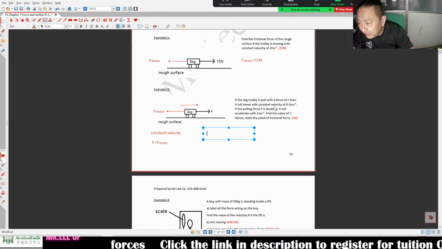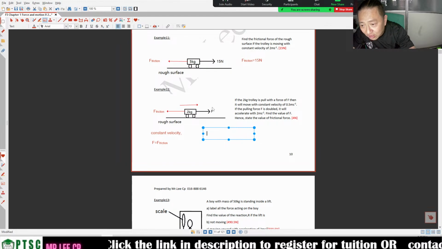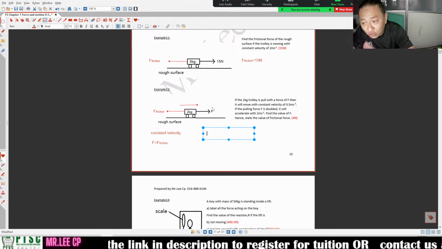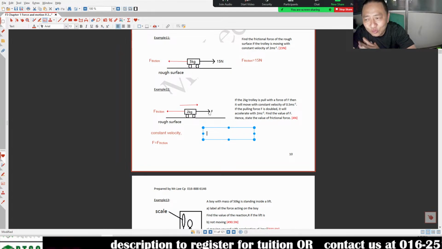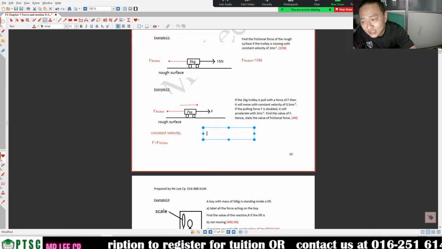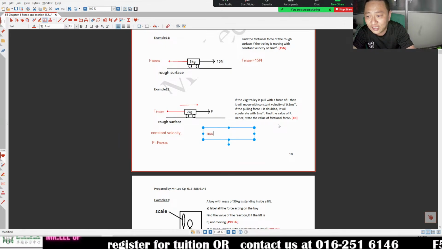Now, if it is pulled with double the force, the force is no more F. Now it is 2F. Right? Just now you pulled with F, then it moved with constant velocity. If you double the force, of course it will accelerate.